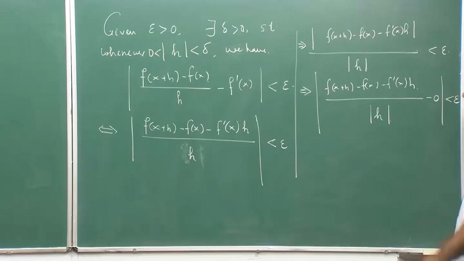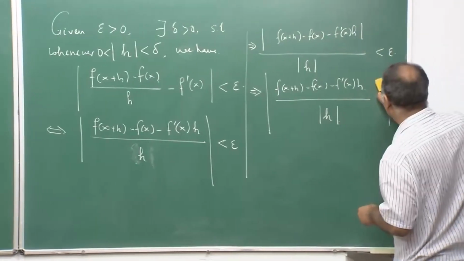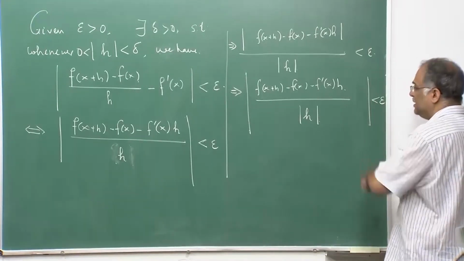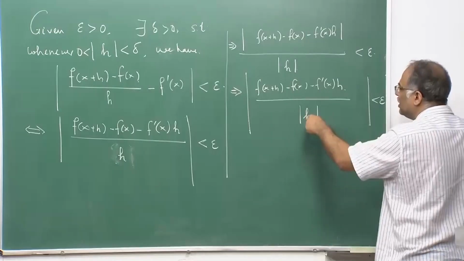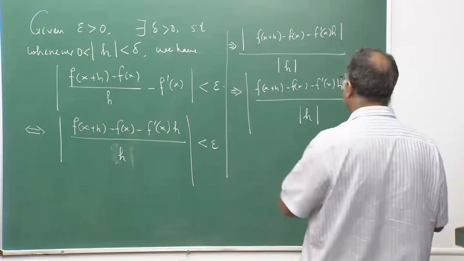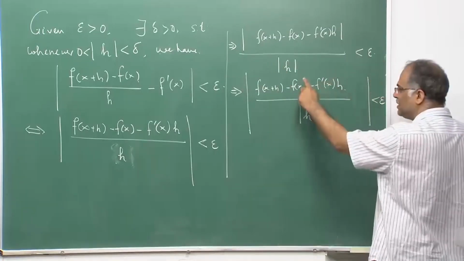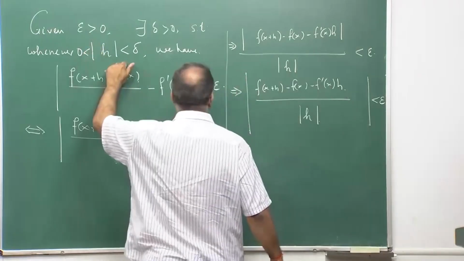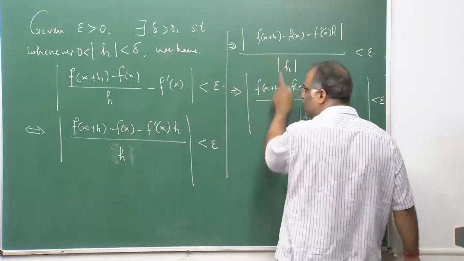So, minus 0 means just if you want to remove this as this. So, this simply means that 0 is the limit of this function as h tends to 0. Here, once I fix the x, this becomes a function of h, and that is the limit. So, whenever given any epsilon and mod h is this, the limit of this function is 0.